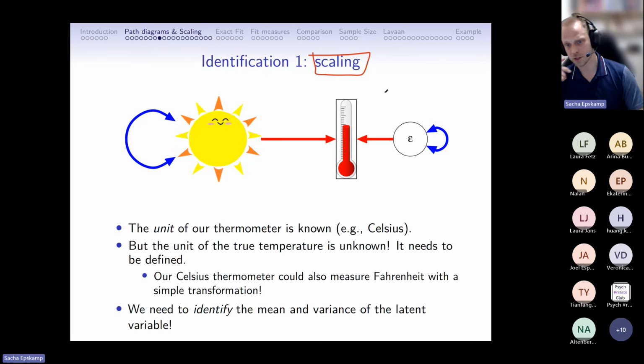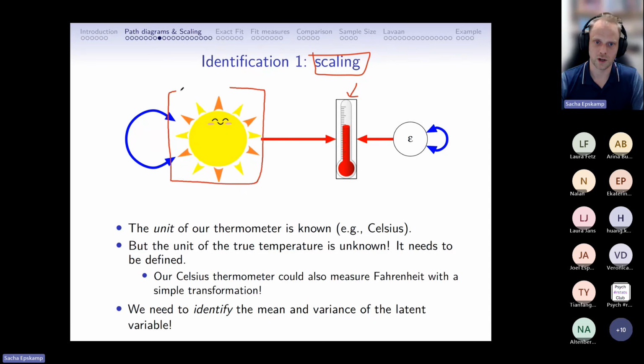Now the problem of scaling is that we know our observed variables, they're on some scale, there's some unit, but we don't know the unit of the latent variable. Which means that because it's latent, it's not observed, right? We can't see it. So for example, temperature, sure, I have a thermometer and it's in Celsius, right? Sure, okay.